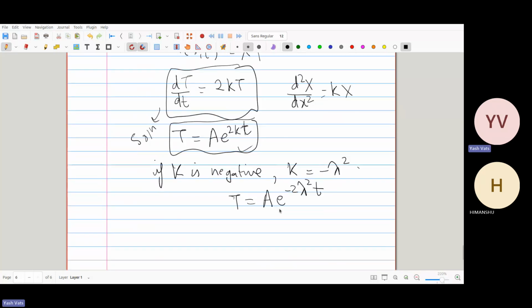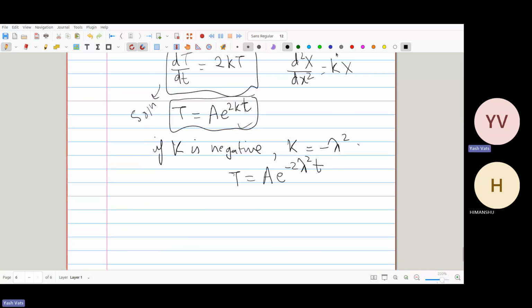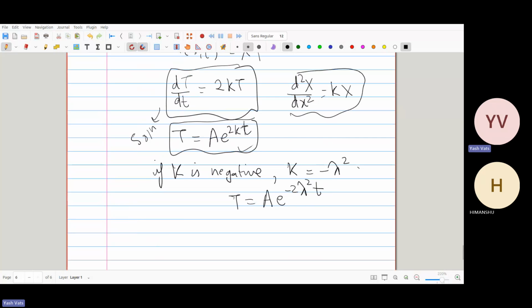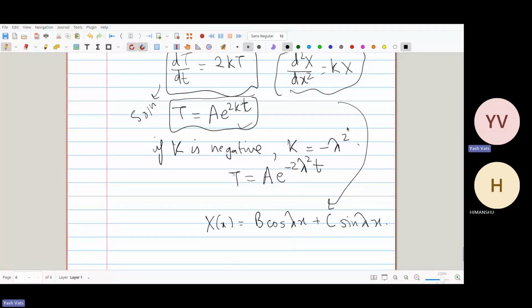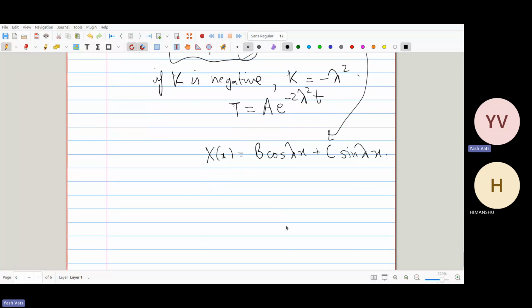Once you substitute k like this, you can also solve the equation for X. The solution is X equals p cos lambda x plus c sine lambda x. It's useful because you can remove the square root and take this over here.